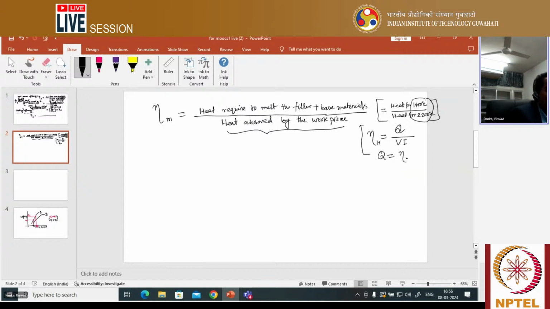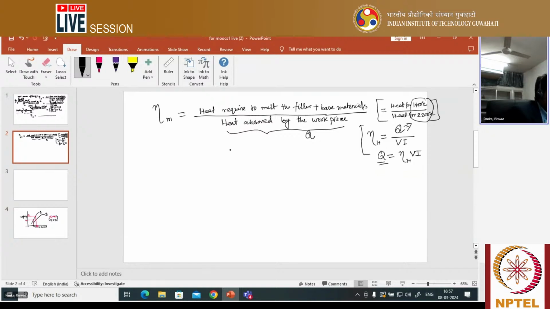So Q you can write as eta into V into I, correct? In the case of heat source efficiency, Q was an output, but in the case of melting efficiency, this Q acts as an input. What I am telling, understand? You should keep this in mind.